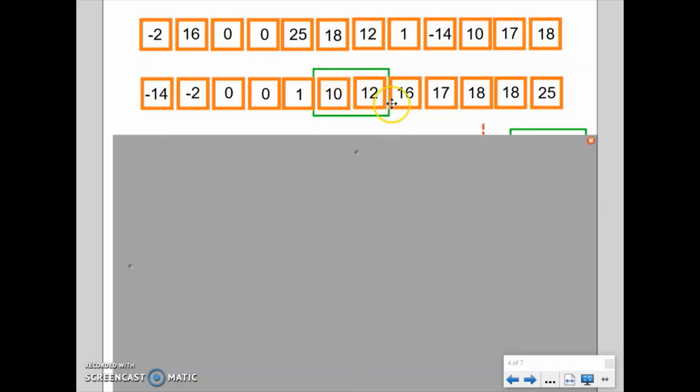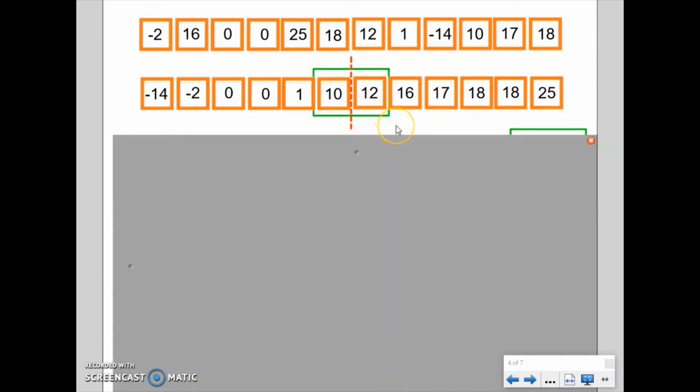So the median of this data set actually lies here, in the middle of 10 and 12. So my median is going to be 11. Another way of finding that is adding these 2 numbers together, 10 add 12 is 22, and dividing by 2 to get 11. So my median, my Q2, is 11.